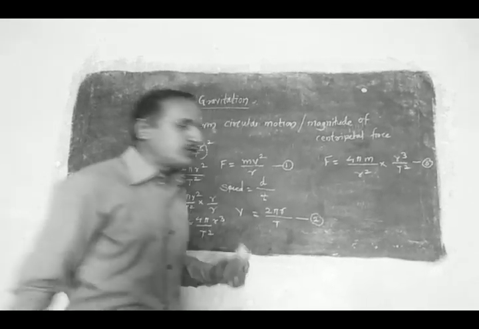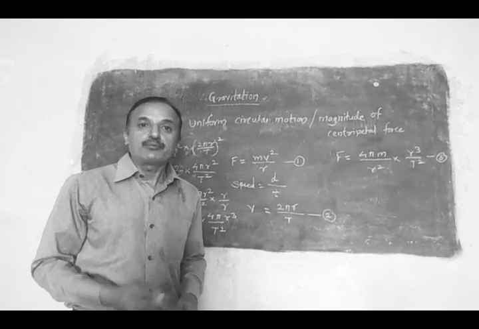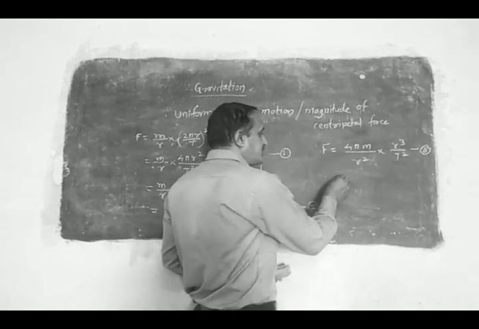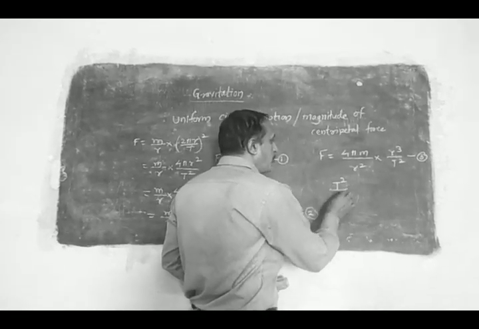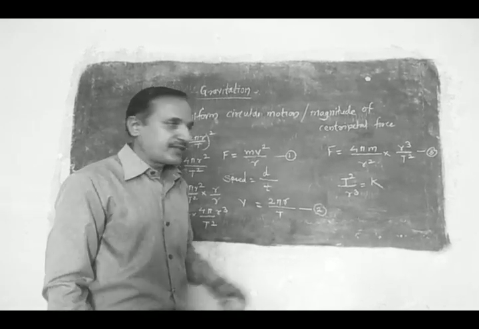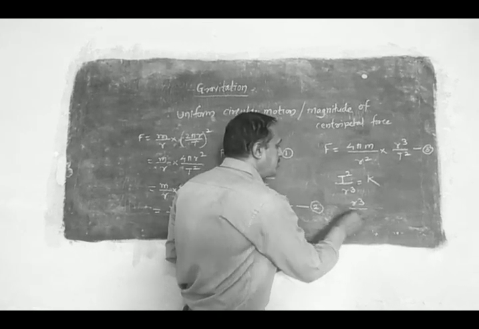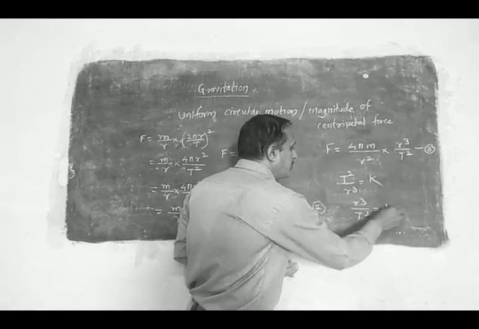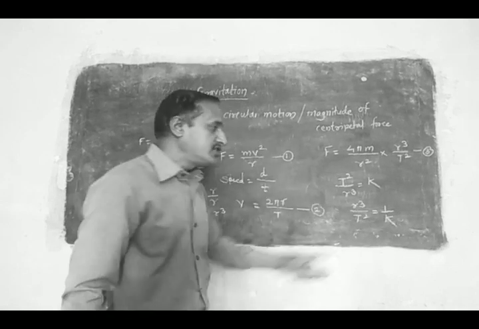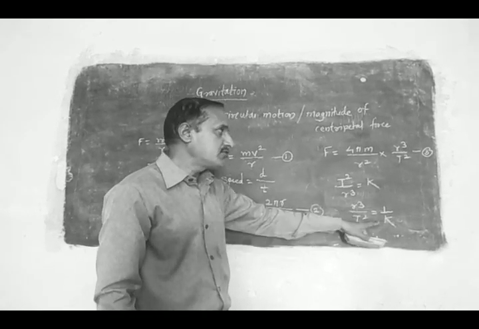Now we have seen Kepler's third law of planetary motion. It says that T square upon r cube equals a constant. If you take the inverse, that is r cube upon T square, you get 1 upon k. Now this value we will put here. This r cube upon T square means 1 upon k.